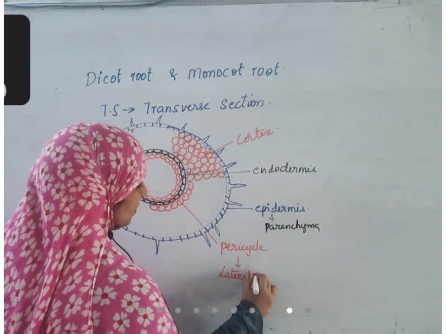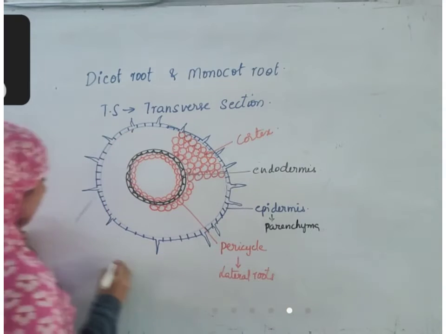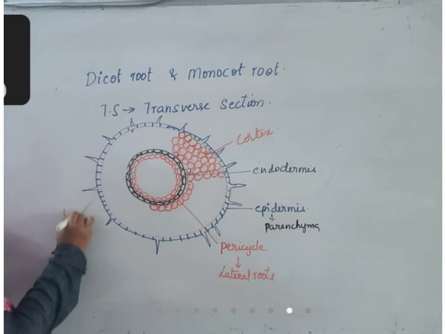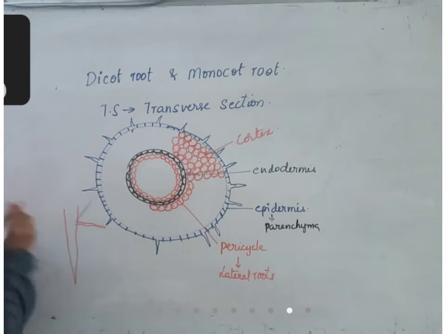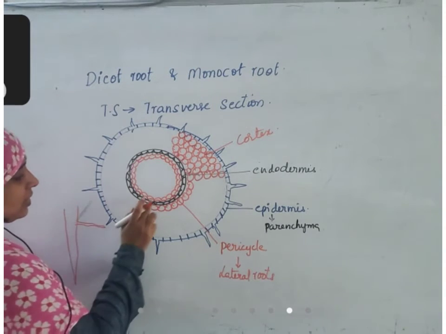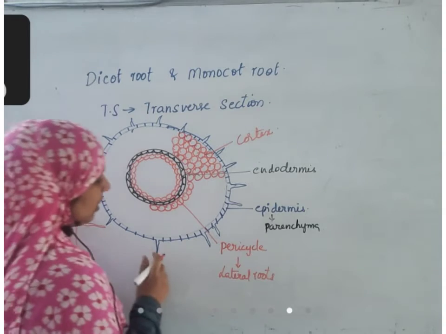Lateral roots means roots. When the root is growing like this, this is the main root. When a root arises from here, the lateral root will arise from this pericycle.